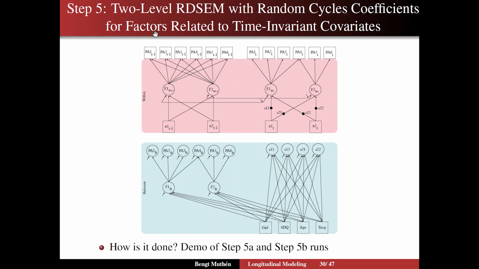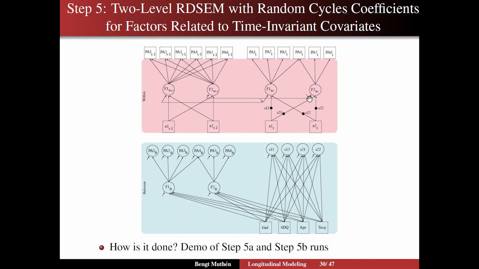So now we're going to bring in the covariates, and if we focus on the upper right hand side here, we see the 6 PA items. They're observed variables, and they're measuring two factors, F1 and F2, low arousal and high arousal, and with PA4 being the happy item, which is influenced by both factors.